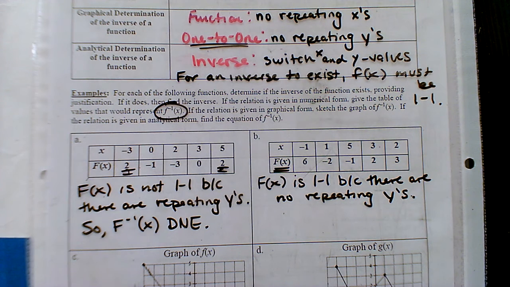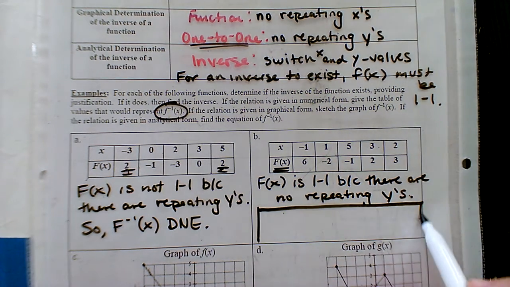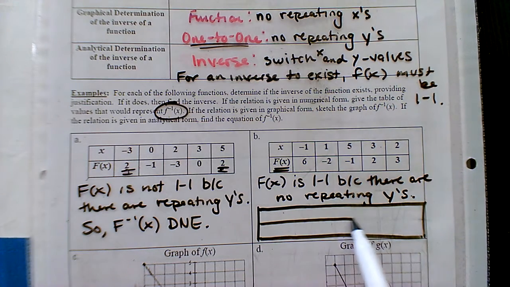We should be able to switch the x and y values and develop a new function, something that would have no repeating x's. Since we know that an inverse does exist, we're going to try to find it. We're going to develop a new table to represent what the inverse would look like.